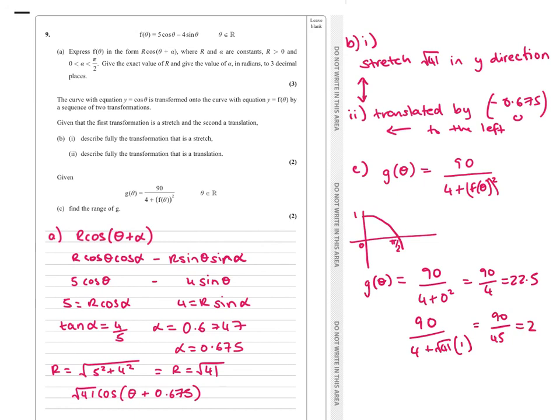So that means our range of values is going to be between 2 and 22.5. So our final answer is going to be written as 2 is less than or equal to g of theta, which is less than or equal to 22.5. So remember, always refer back to the graph and think about what would happen as it tends to the minimum or maximum point.